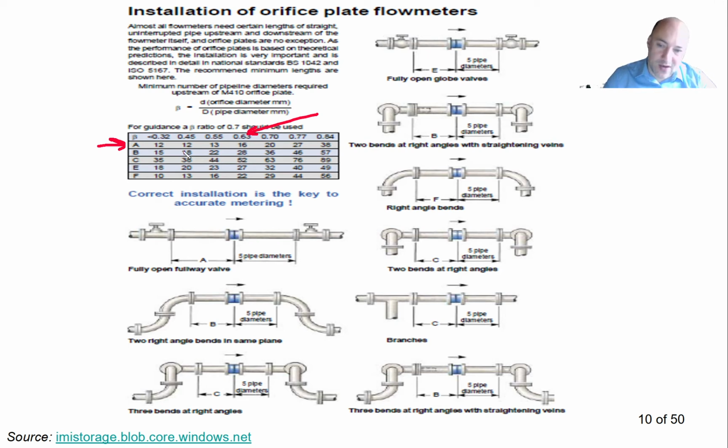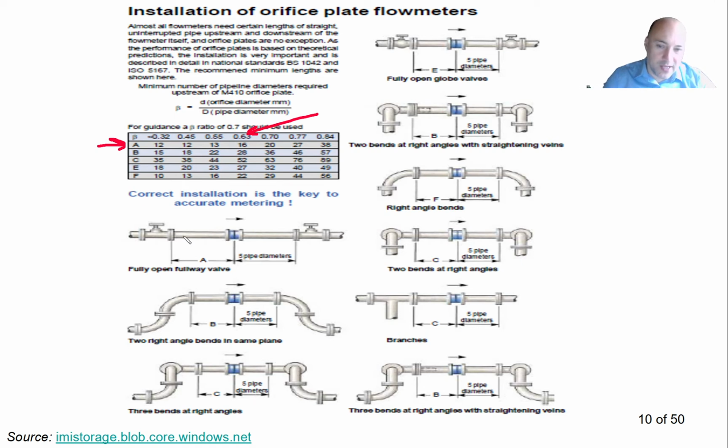And we can say, okay, now we have this geometry and this case, and we see that we need to maintain at least 16 pipe diameters. So we have the orifice plate here, the pipe has some diameter, and we need to maintain a straight section without anything that is longer than at least 16 times the pipe diameter.